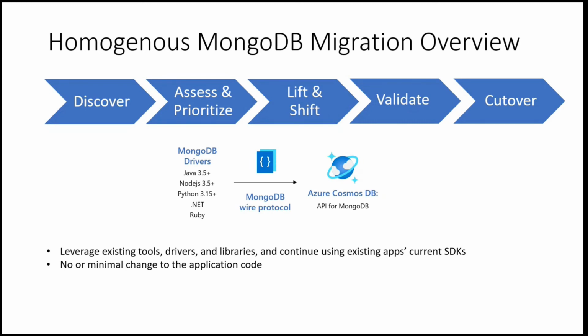So this could be as easy as just changing the connection string of your application and pointing it to Cosmos DB, right? So again, it could be minimal or no change to the application code. So the overall migration process becomes much simpler, right?